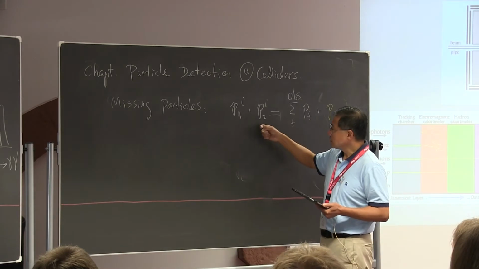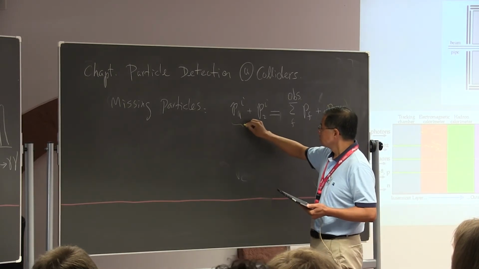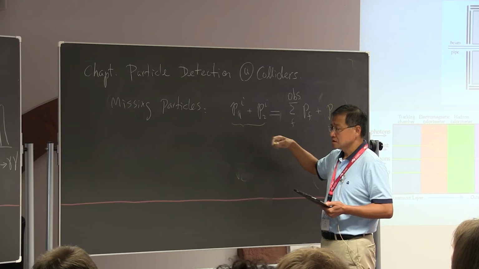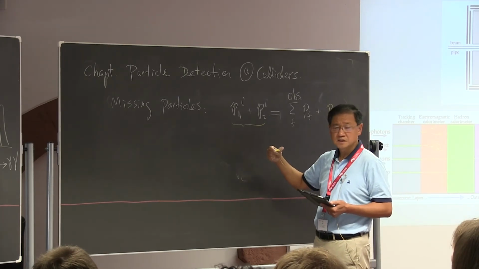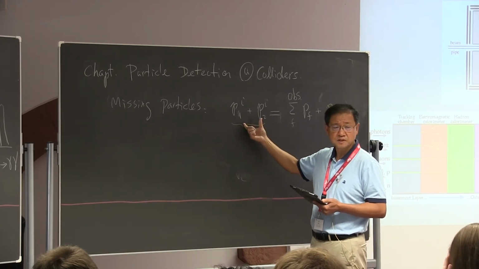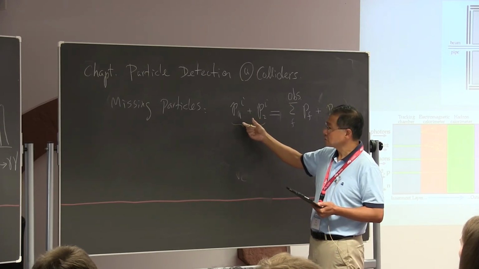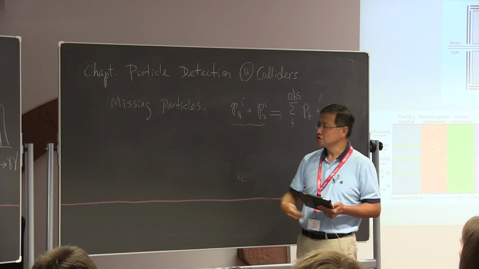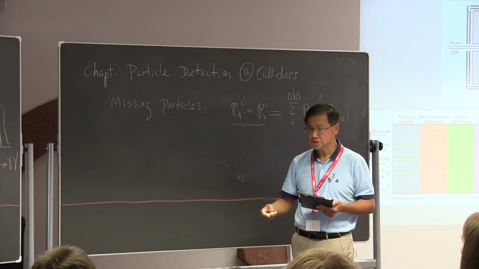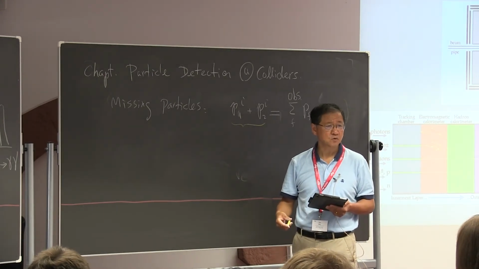In the e plus e minus collider, the initial beam energies and momenta are precisely and accurately determined. So that part is known. However, in the hadronic collision, the high energy collisions take place between the sub-constituents, partons, the quarks and gluons.